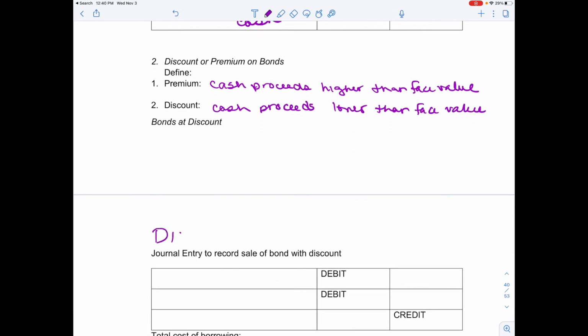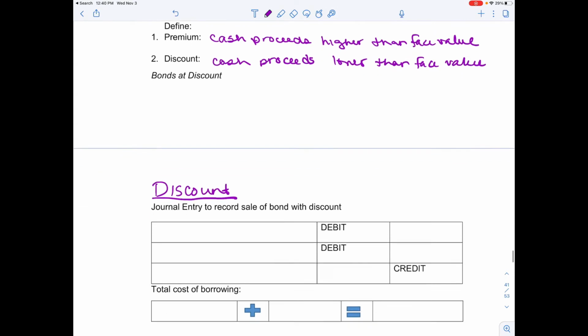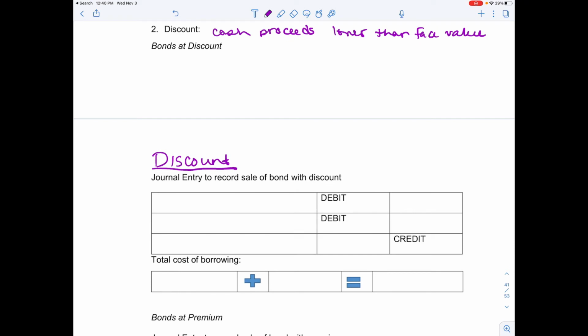So again, this is a discount example. If I'm recording bonds at a discount, I record the fact that I got cash. I'm going to credit my bonds payable. And the difference is going to go to the discount on bonds payable as a debit.